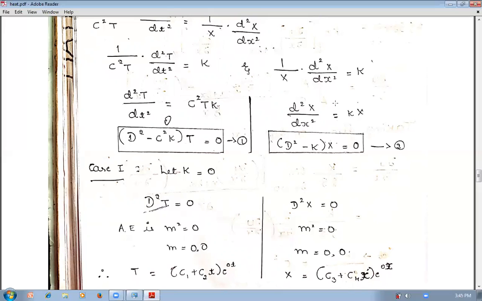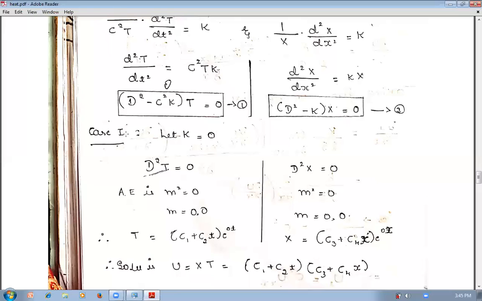Here also we can write this in terms of capital D. X is the dependent variable, capital X, and small x is the independent variable. So D square minus c square k into T is equal to 0, and here D square minus k into X is equal to 0. Call it equation 2, and this is equation 1.